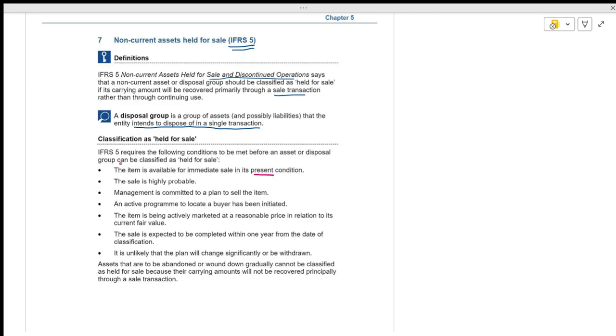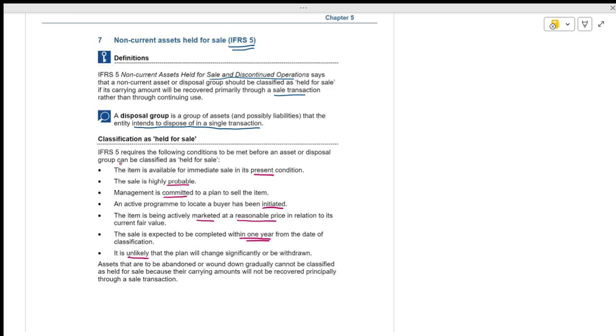The sale is highly probable. Management is committed to the plan. An active program to locate the buyer is initiated. The item is actively marketed at a reasonable price relative to its current value. The sale is expected to be completed within 1 year. It is unlikely that the plan will change significantly or be withdrawn.